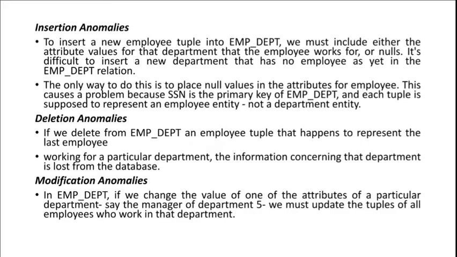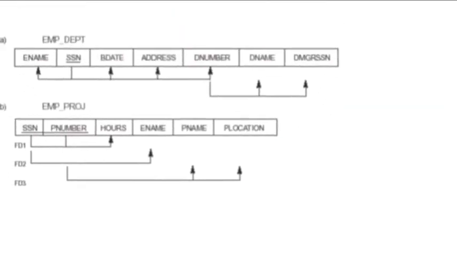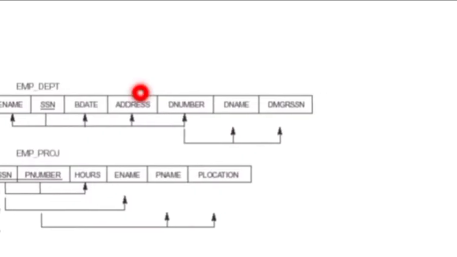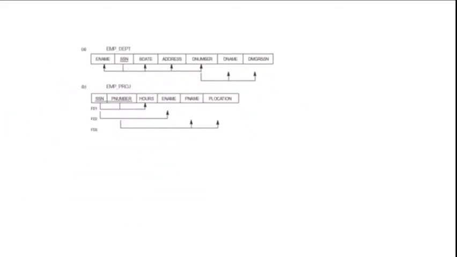For example, if you want to insert a new employee tuple, if you want to insert a record in the employee department table, what happens? We will see that definitely it will suffer from insertion anomaly.